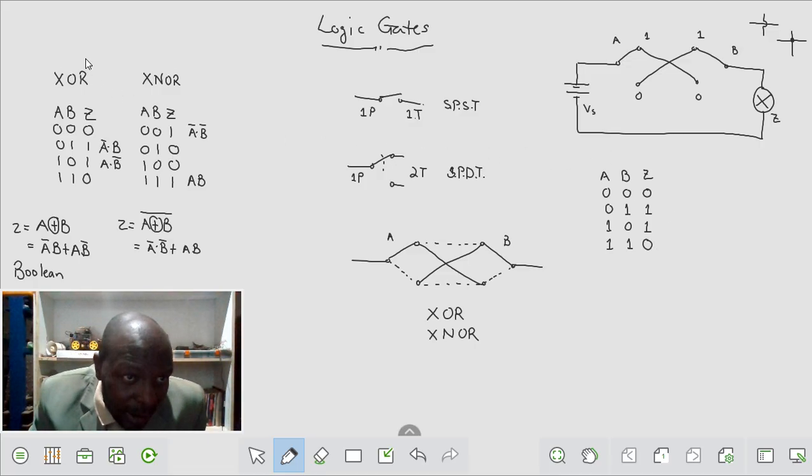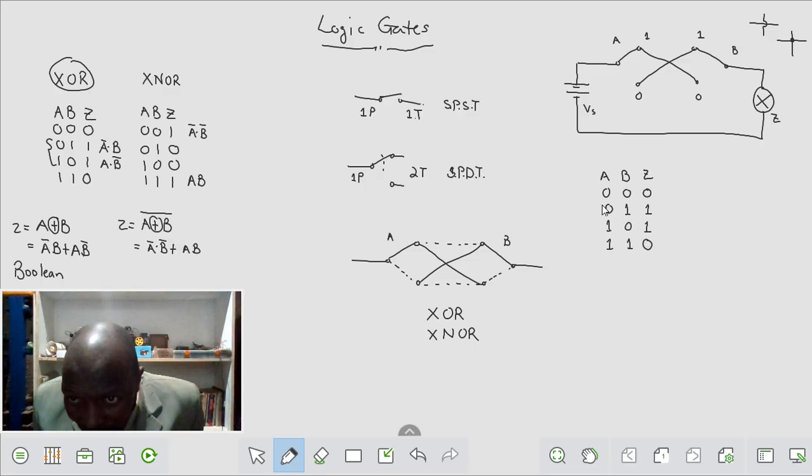So this here is what? If you come and look there, X stands for exclusive OR. There is our circuit. 0 0 gives us nothing. 0 1 when we have the OR condition exclusively, A yes, not B, it would have been AND, or B yes, not A, it would have been AND.